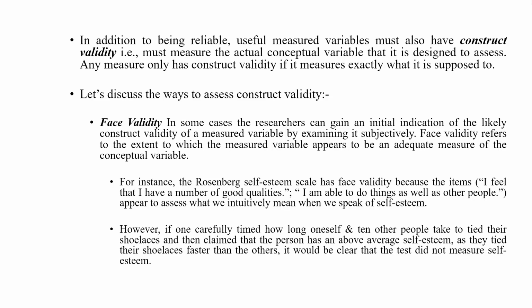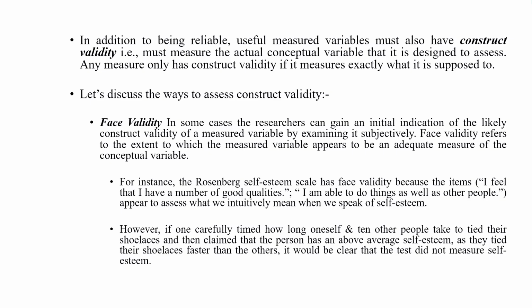In addition to being reliable, useful measured variables must also have what is called construct validity. They must measure the actual conceptual variable that they are designed to assess. Any measure only has construct validity if it measures exactly what it is supposed to.